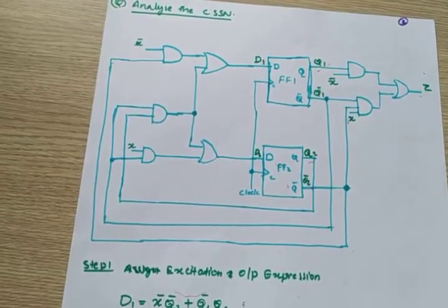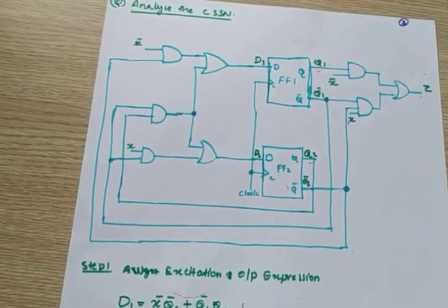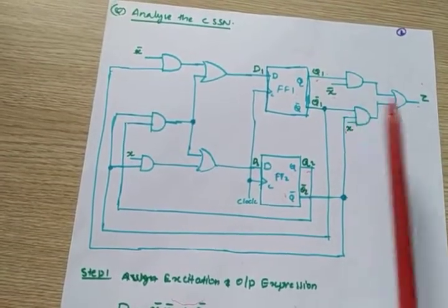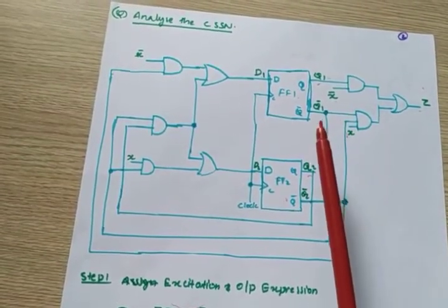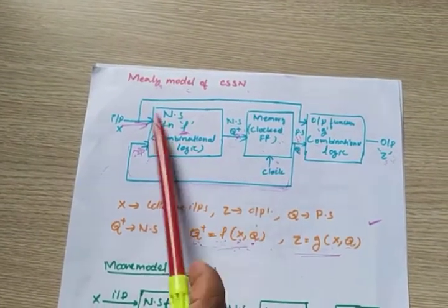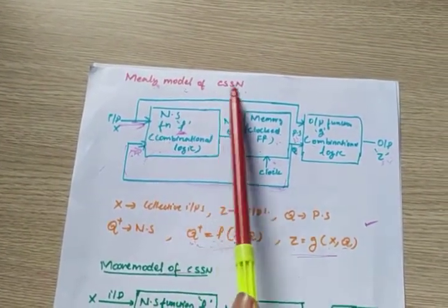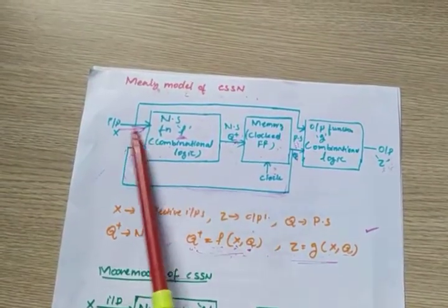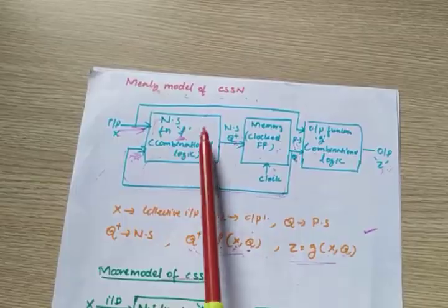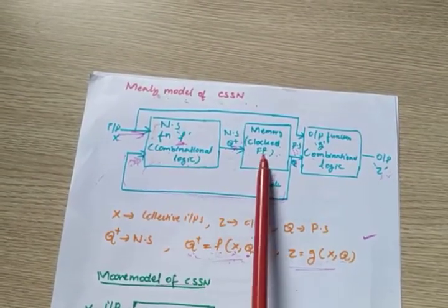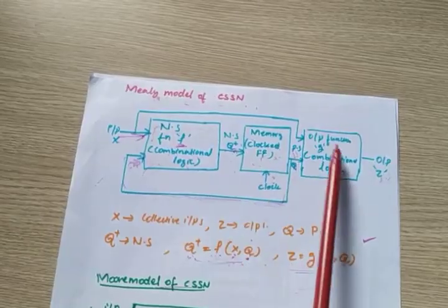For that, look at the diagram. Before going into detail, you have to look at the diagram. This is the Mealy model of the clocked synchronous sequential network. I told you that the input is first given to the next state function, which is a combinational logic, then the memory or clocked flip-flop, then the output function.